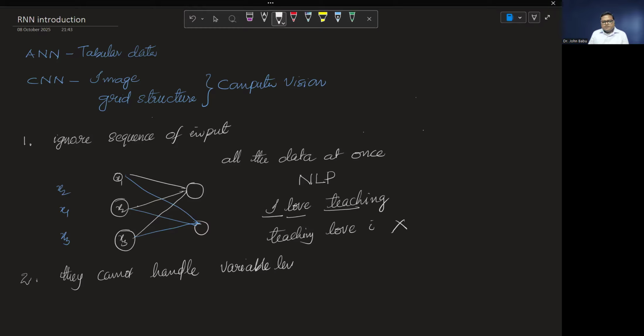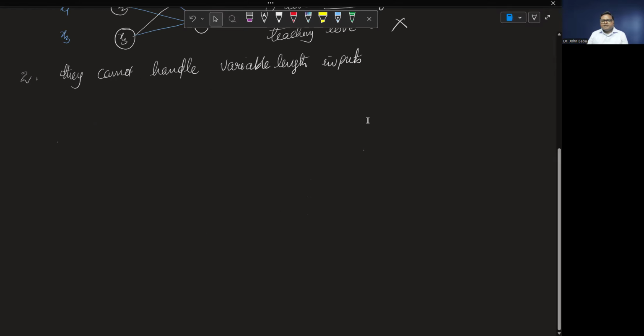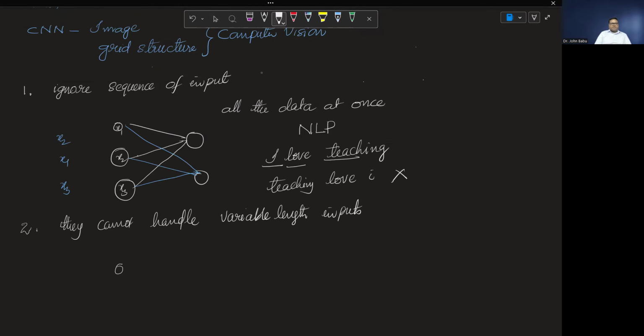We know that whether it is ANN or CNN, we always have a fixed size of input. This is our input layer. For example, the input layer here is only 3 units. So for all the training, it will be fixed.